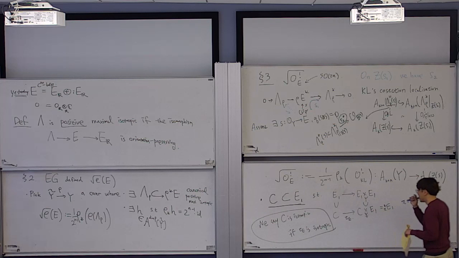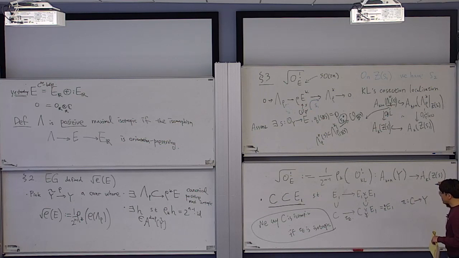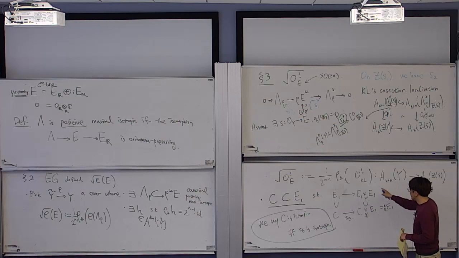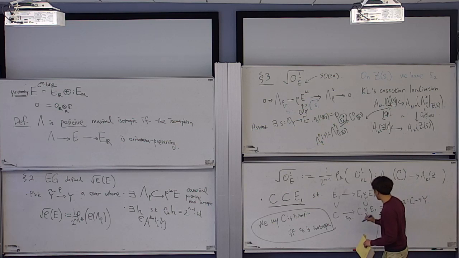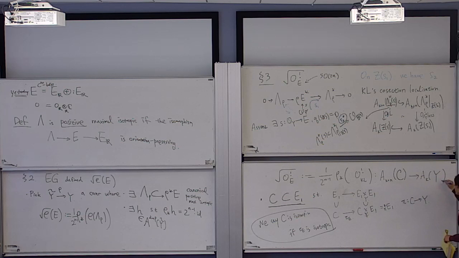Then we can define this from the cone C to its vertex set Y. And this satisfies all the good properties of Edidin-Graham classes. Using those properties, we can prove the virtual class is well defined.